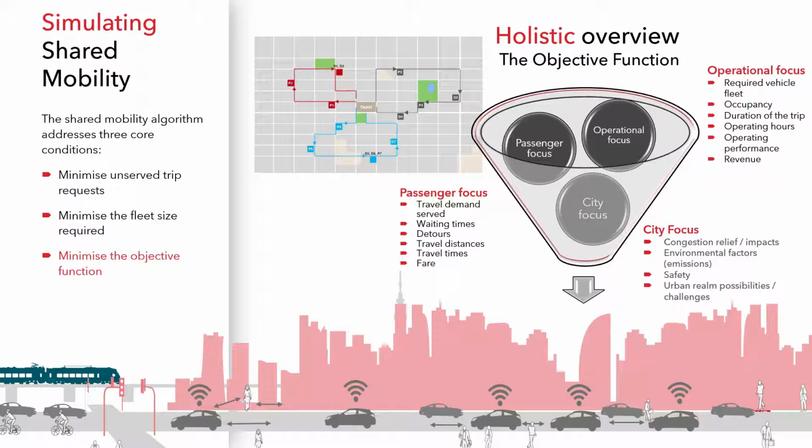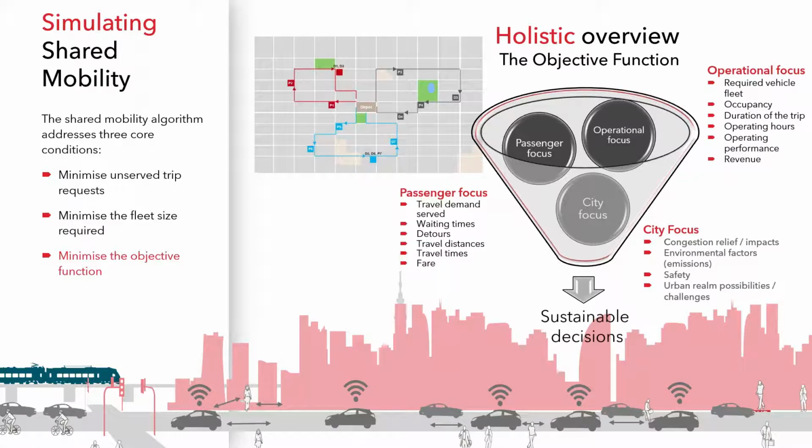Can we improve safety? These are all political topics that are all very important. And if we can make good progress, we also have the opportunity to redesign the urban realm, especially if we are reducing the amount of cars out there and creating space because we don't need so much parking, etc.